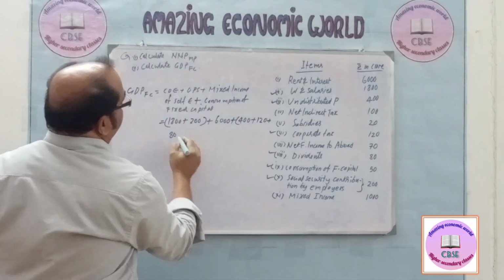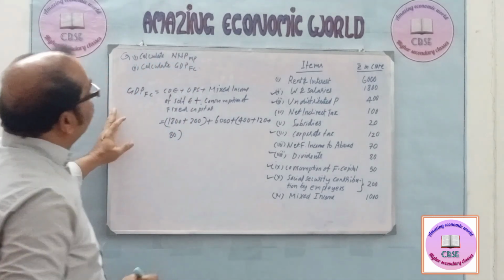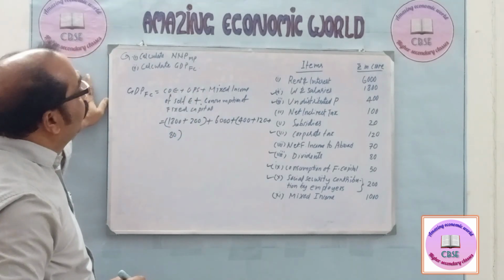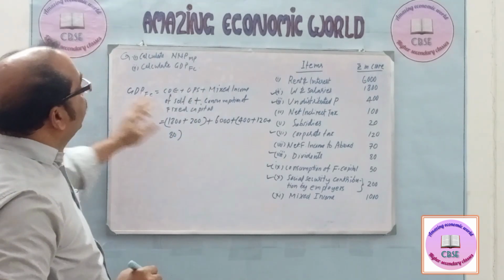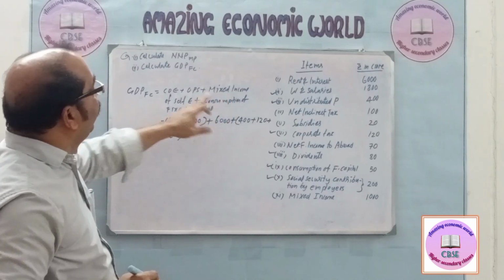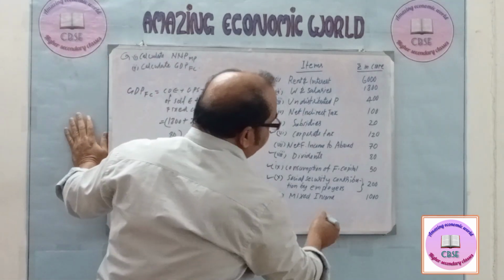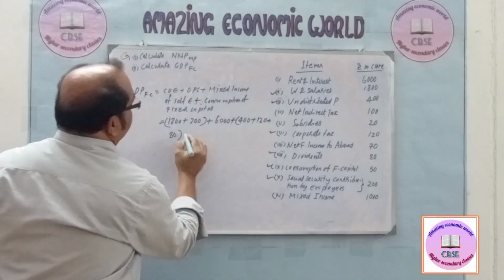Okay, right. So operating surplus is rent, interest, profit. Then mixed income of self-employed is given directly. Mixed income of self-employed is 1000.